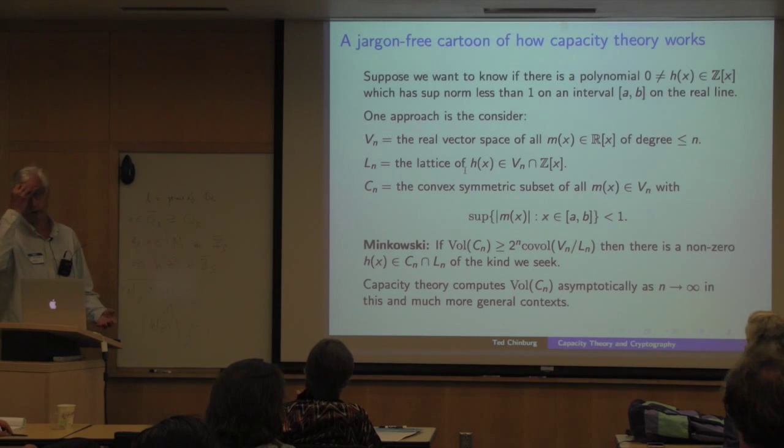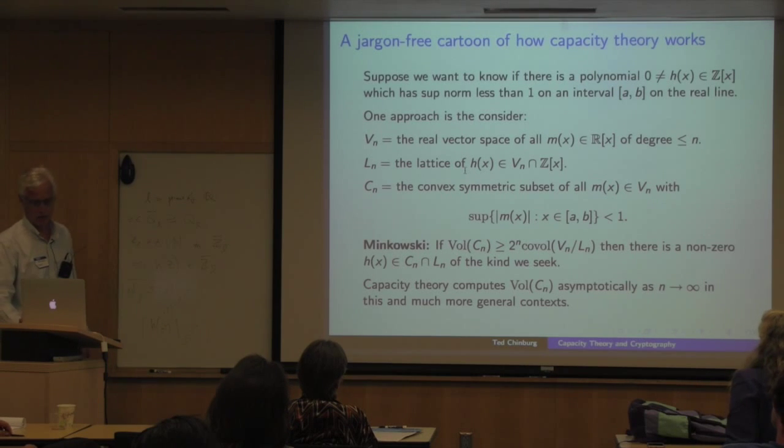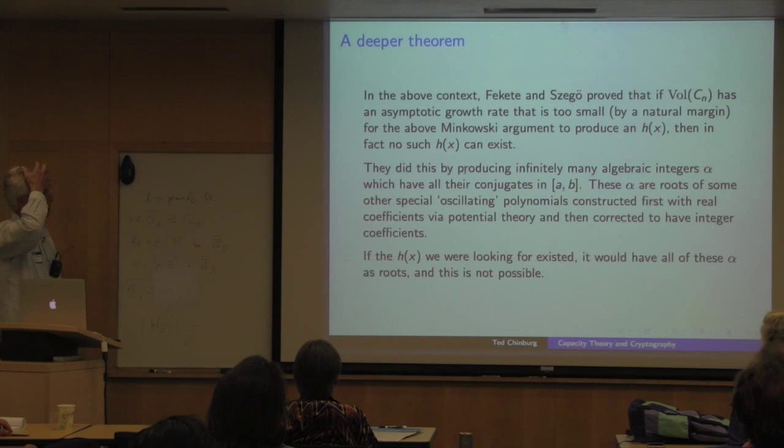But you might wonder, well, maybe it's there. It's just not going to be produced by Minkowski. And the deeper theorem here is that if the volume has an asymptotic growth rate that actually is small, e to a negative constant times n squared, then there really is no such polynomial. And that's a much harder theorem.